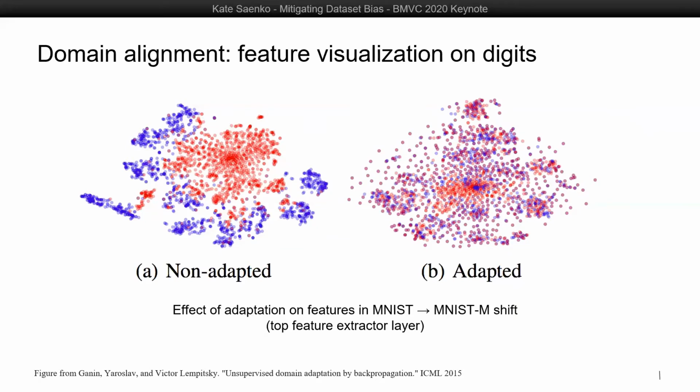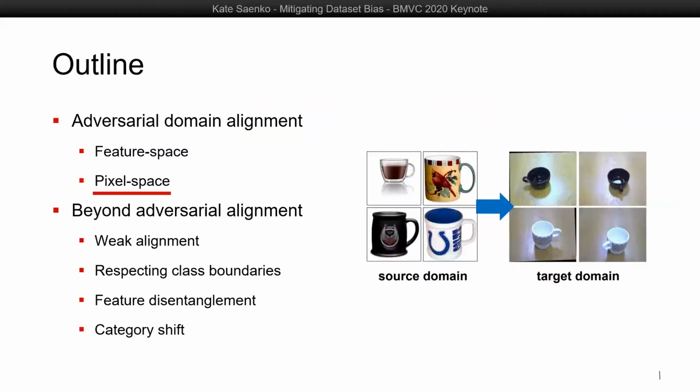After doing this feature alignment, we can see on the right that indeed the distributions are now very similar, and the red and blue points are very much aligned. This is done using a technique from a paper by Ganin and Lempitsky, and they showed that this also improves classification performance on the target digit domain.